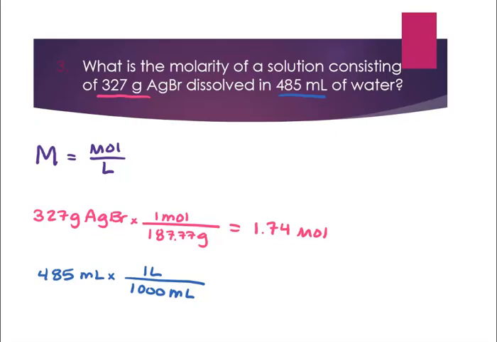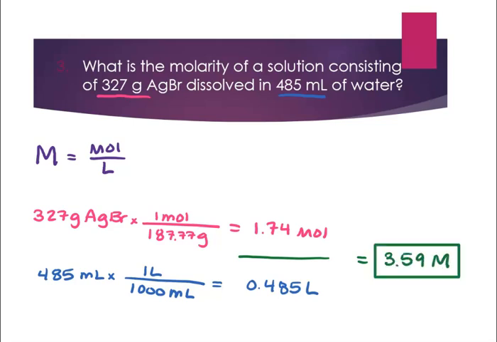So because I'm starting with milliliters, milliliters goes in the denominator, milliliters cancel, and I'm left with the unit of liters. So this is going to be 0.485 liters. So now I have moles and I have liters, so I'm just going to divide these two, 1.74 moles over 0.485 liters, and we get 3.59 molar.